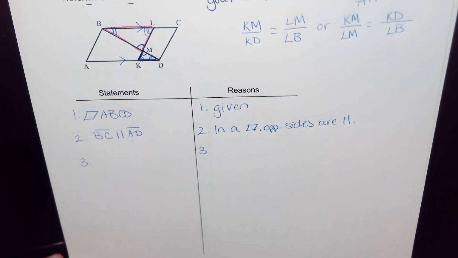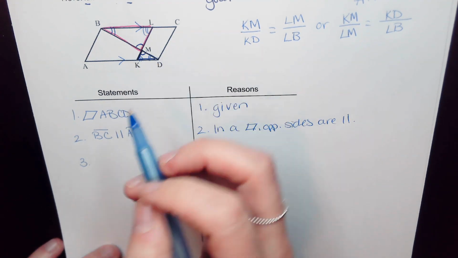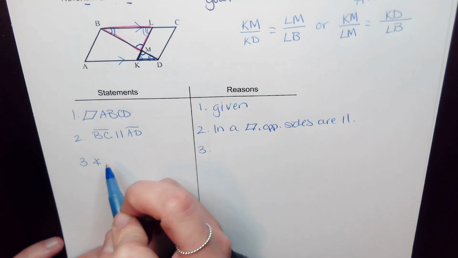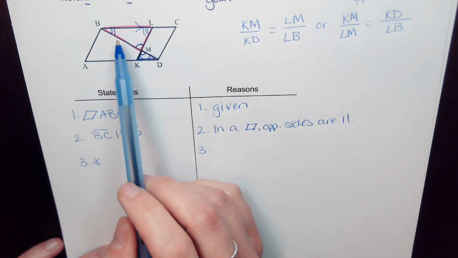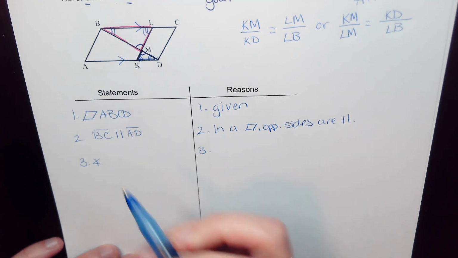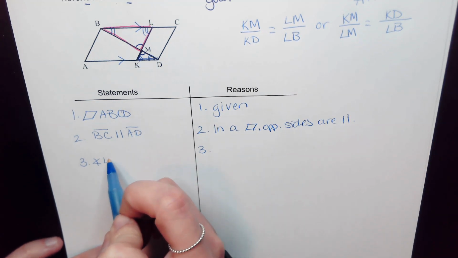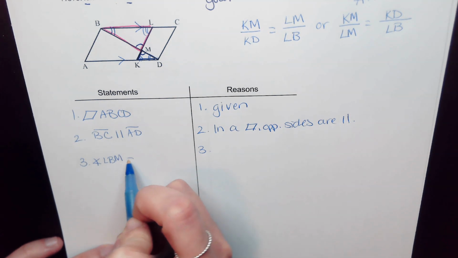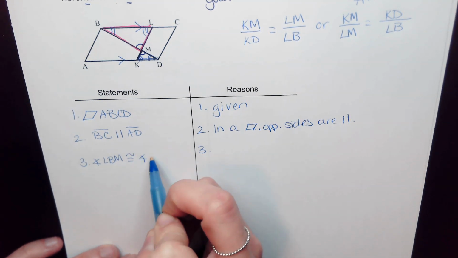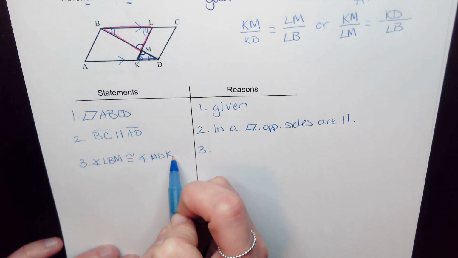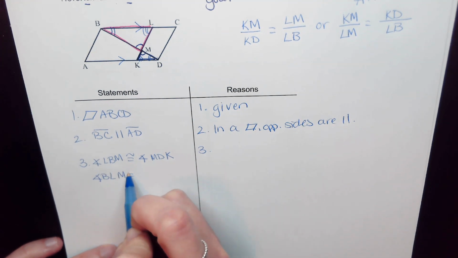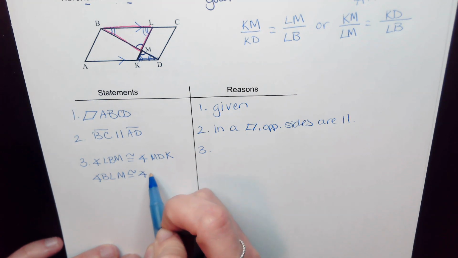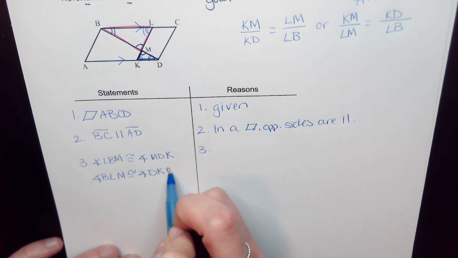Now I can state, and here you might want to include numbers in your angles to make it a little easier, or you can list them with 3 letters, but none of these angles can be listed with a single letter. They all have more than one angle at them. So I could say angle LBM is congruent to angle MDK, and angle BLM is congruent to angle DKM.